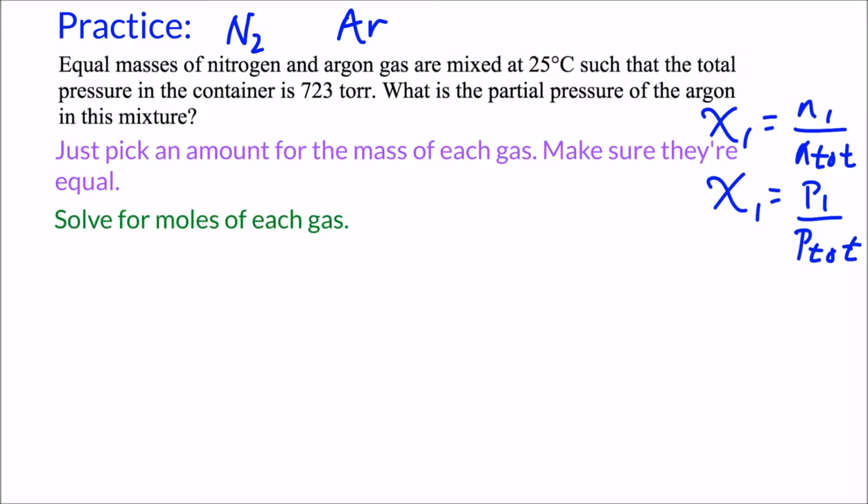So we can solve for the moles of each gas, and I'm going to pick the amount of grams for each gas to be 39.948 grams, because that is the molar mass of argon, which means we'll have 1 mole of argon if we pick that number.